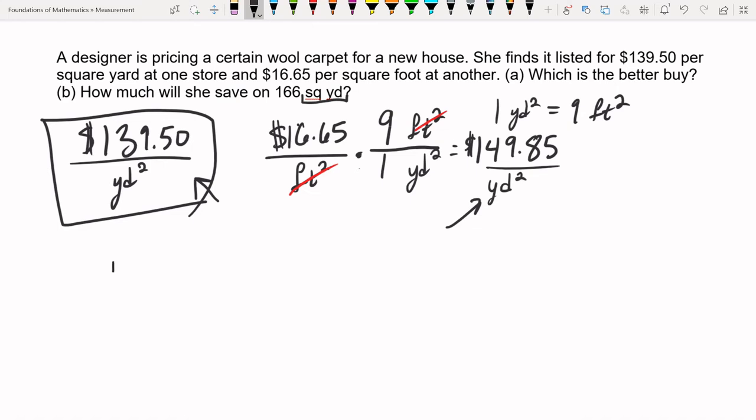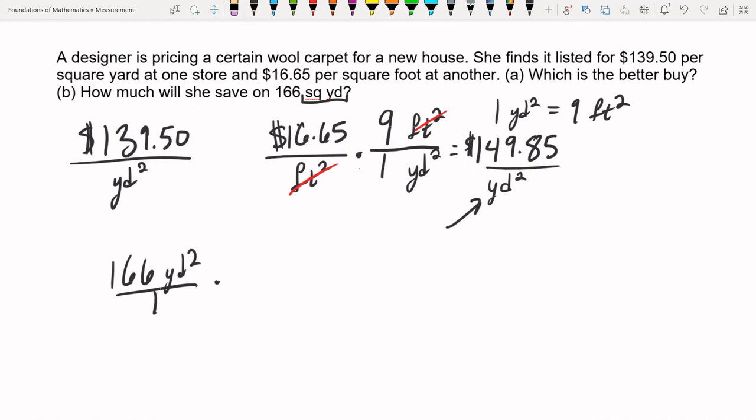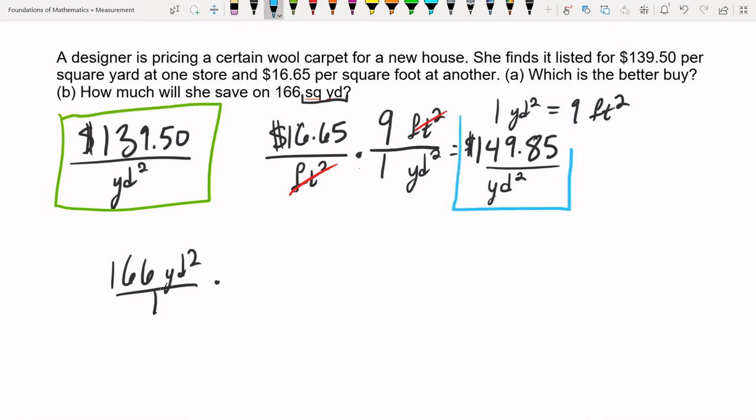So here we're taking 166 square yards and converting it to a dollar amount. Well, we have our conversions right here. This is the one that we want to use because it's cheaper. This is the other one. That's how we convert between yards and dollars.